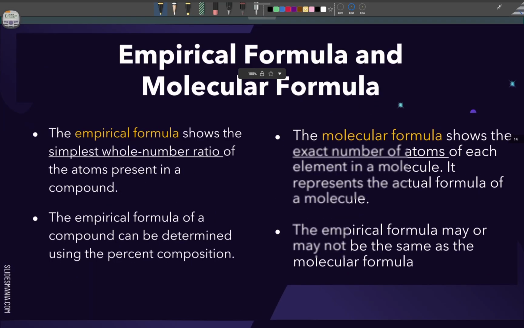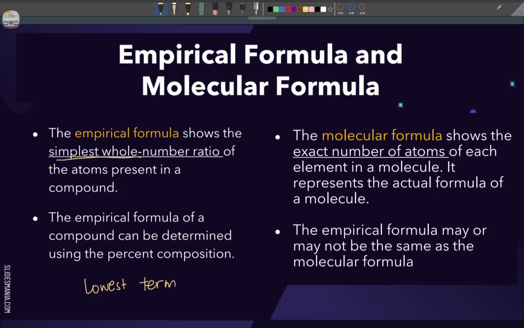Next, let's talk about empirical formula and molecular formula. When we say empirical formula, it's the simplest whole number ratio. So basically, this is the lowest term. While molecular formula shows you the exact number of atoms before you simplify it to lowest term.